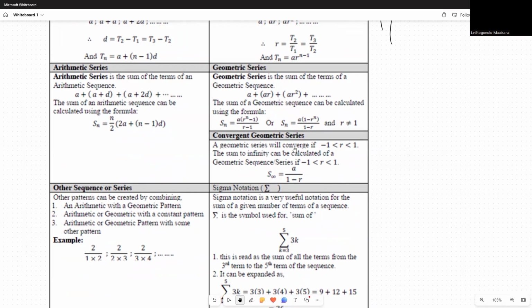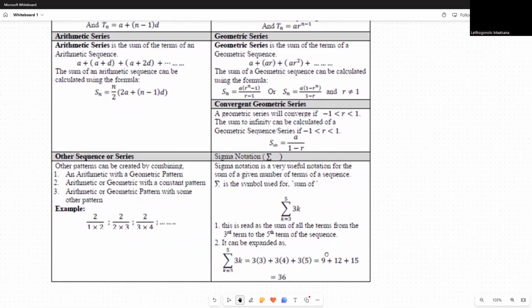So for your geometric series to be convergent, your r value needs to be between negative 1 and 1. You can use the equation for the sum to infinity, which gives you a divided by 1 minus r, where r is our common ratio and a is the first term.